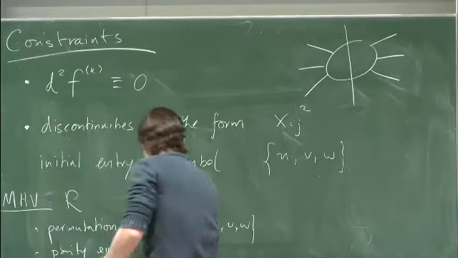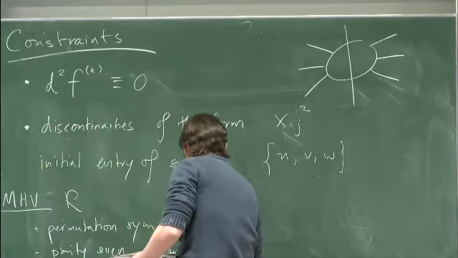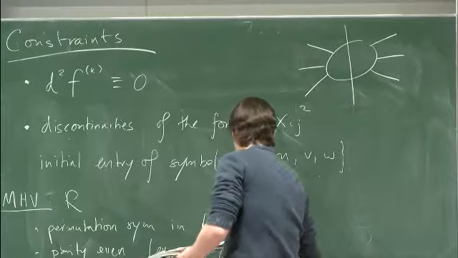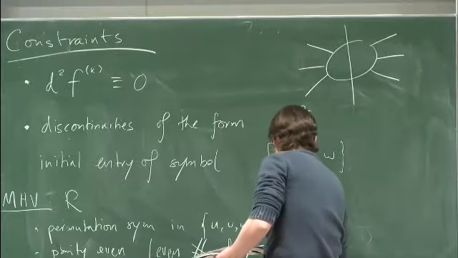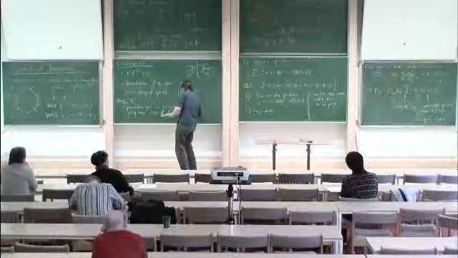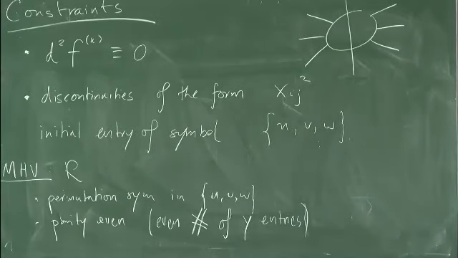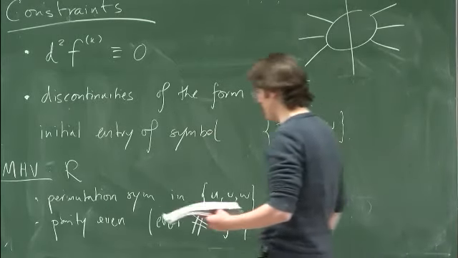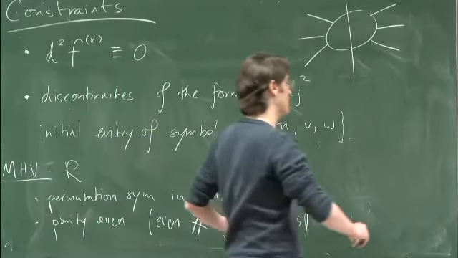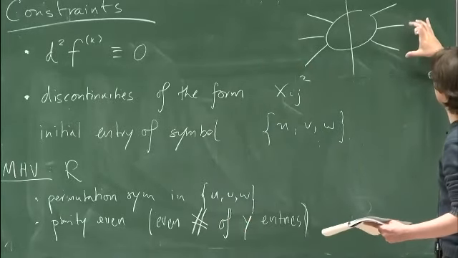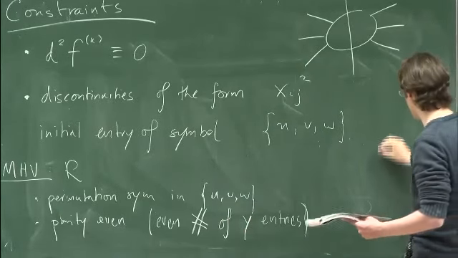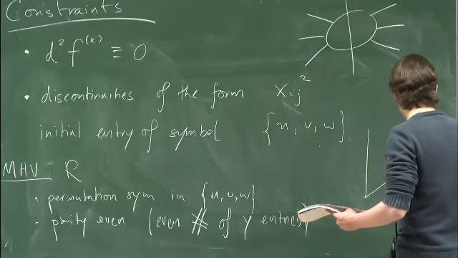And that means an even number of entries involving the y's, because the y's invert under parity. So if I have an even number of them, the function will be parity even. There should be a vanishing collinear limit. So if I take two adjacent legs to be collinear, or equivalently from the Wilson loop picture, if two of the legs are becoming collinear, then I expect R to vanish.